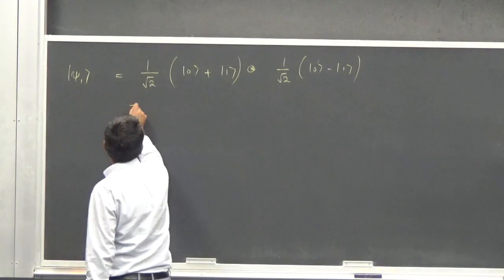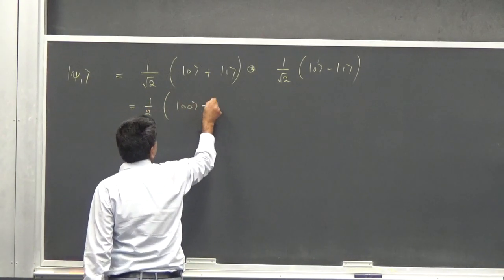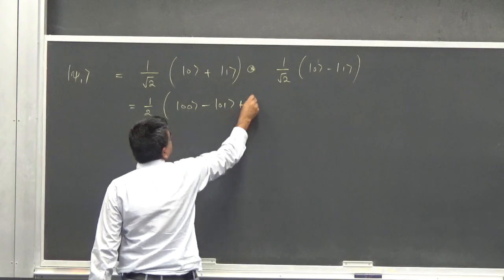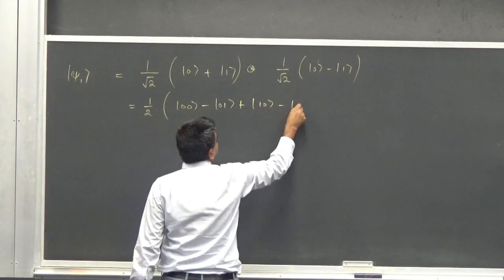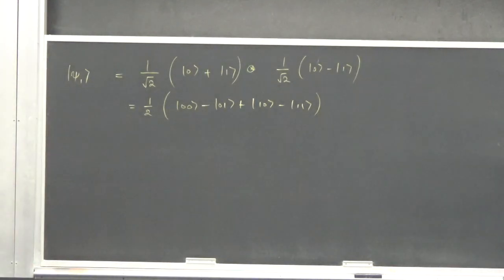So I can also write this as 1 half (00 minus 01 plus 10 minus 11). So I created a superposition in a sense. Now I would like to put in my oracle here.